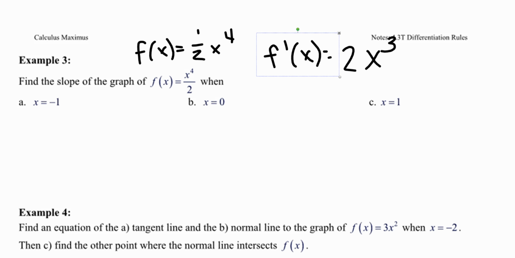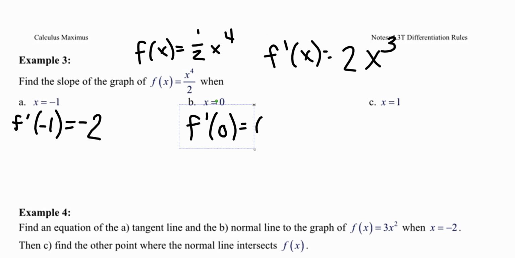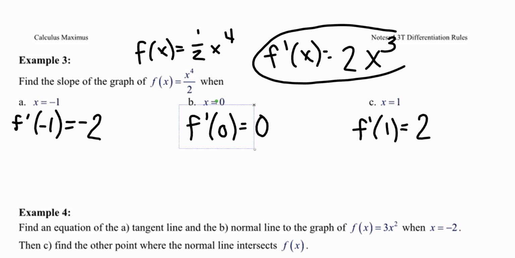Now we have our slope function, so we just plug in each of these numbers. f prime of negative 1, plug that in, you should get negative 2. f prime of 0 equals 0. And f prime of 1 equals 2. So there you go. That's really easy once you have a slope function to plug it into.